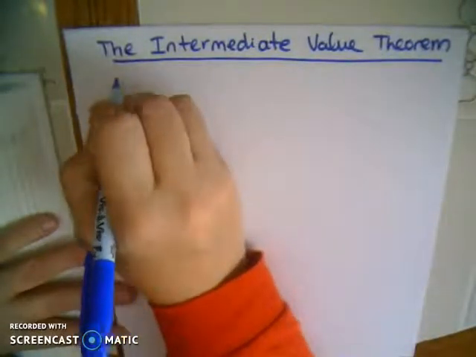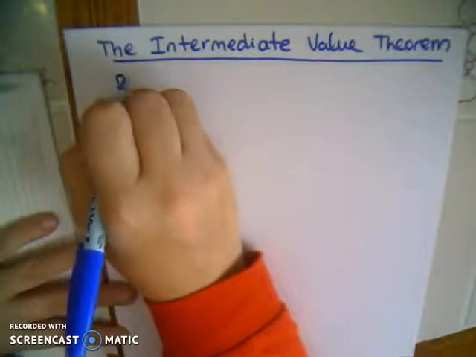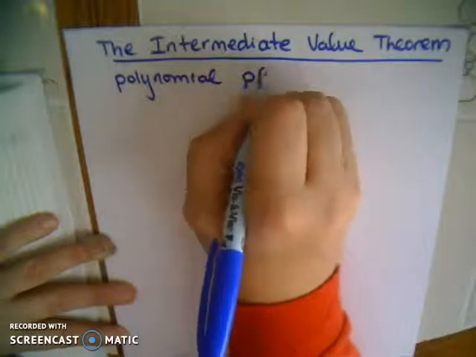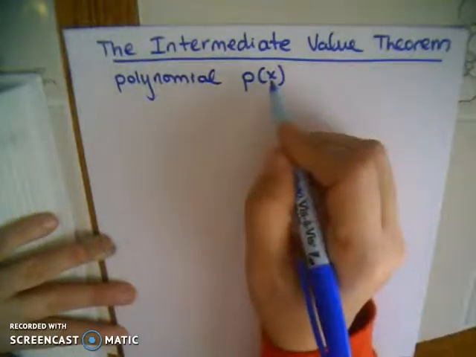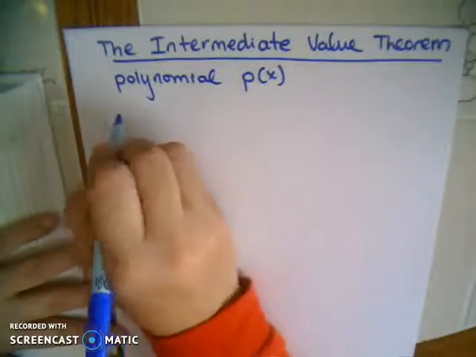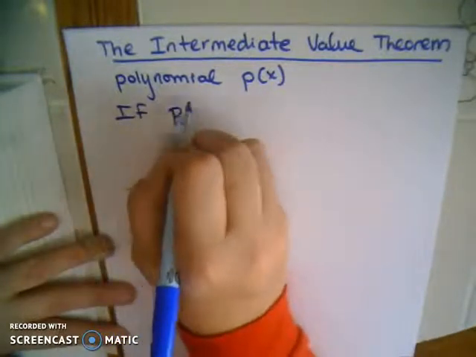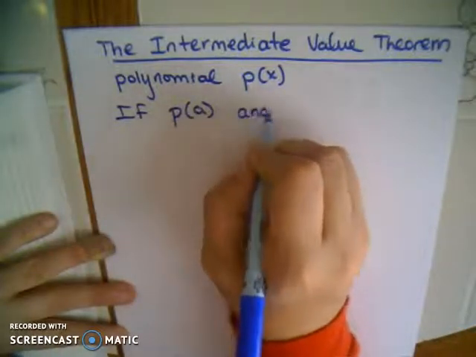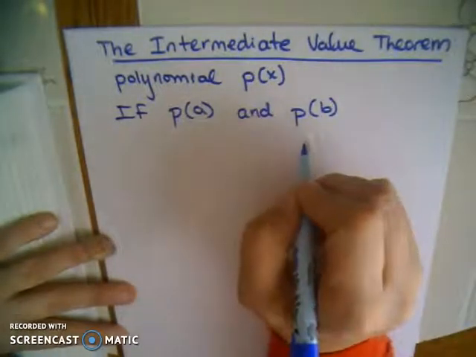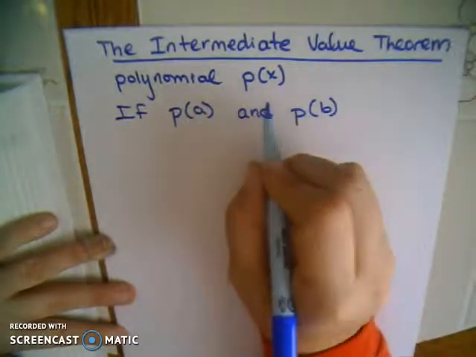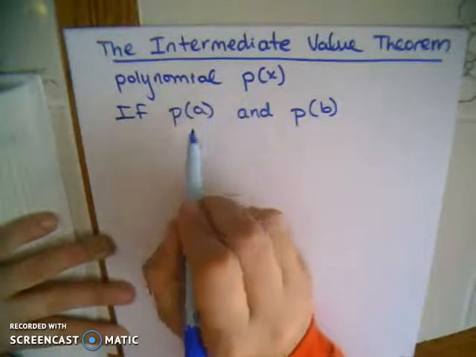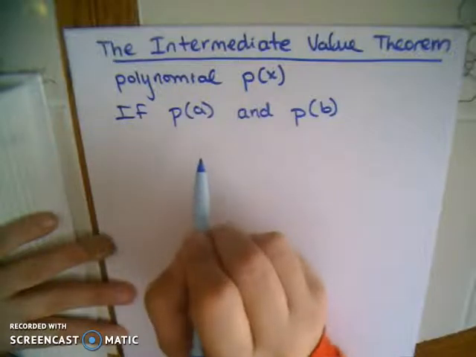If we have this polynomial p of x, and we're going to plug in two x values. So let's say that p at a and p at b, those two values, not the a and the b themselves, but the answer we get back after we plug them into the polynomial, the functional values, have different signs.